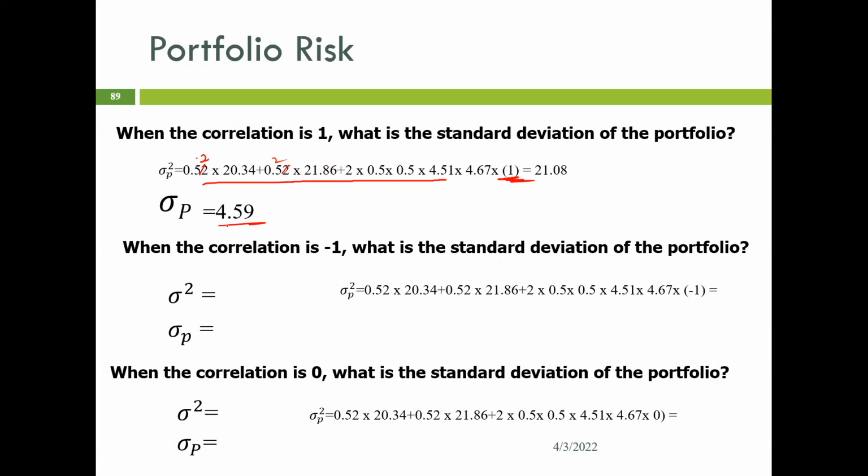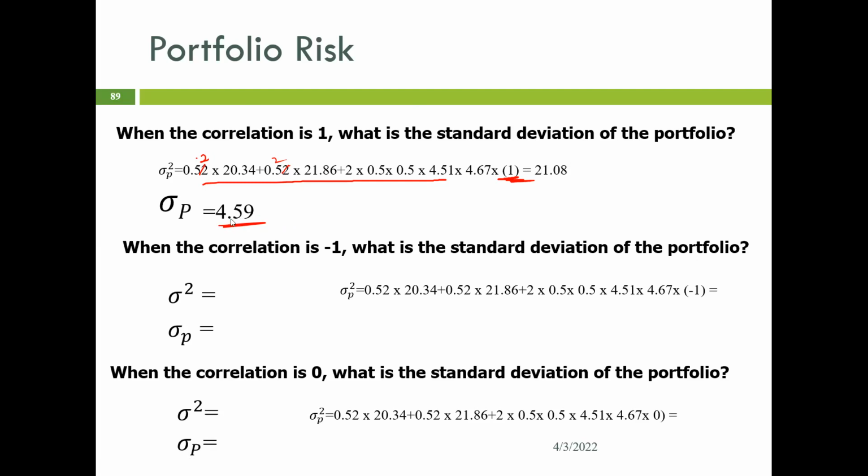Did you get this number? Now your portfolio risk is 4.59. Have you got the 4.59? Anybody please? 4.59. So this is the variance actually. This is the portfolio variance. So you have to take the square root of that.